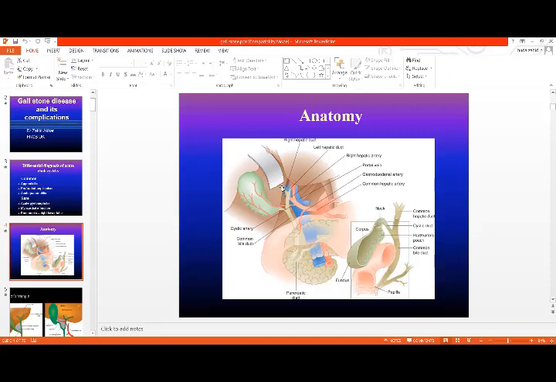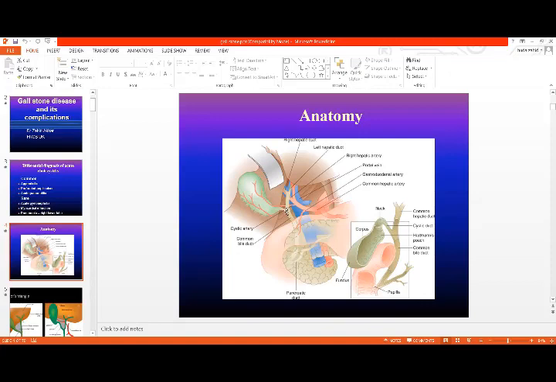You get the right hepatic duct and the left hepatic duct coming from the right and left lobes, bringing the bile down into the common hepatic duct. The cystic duct joins the common hepatic duct, bringing the stored bile from the gallbladder.